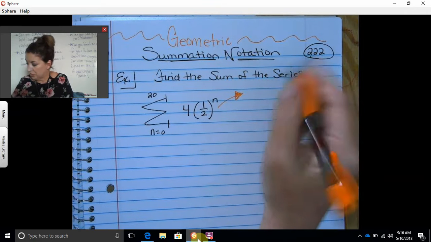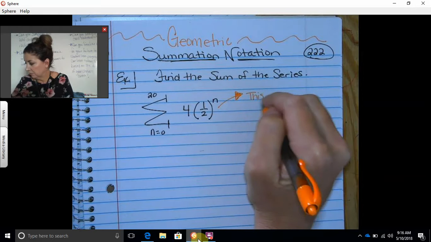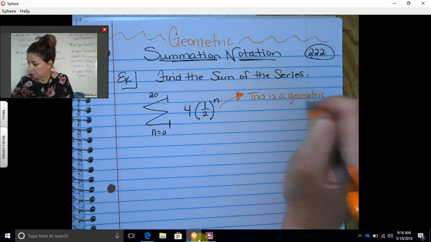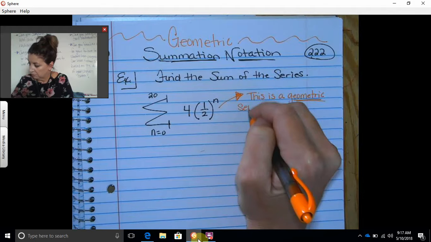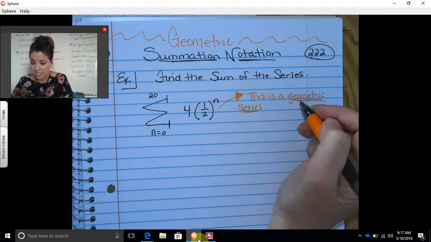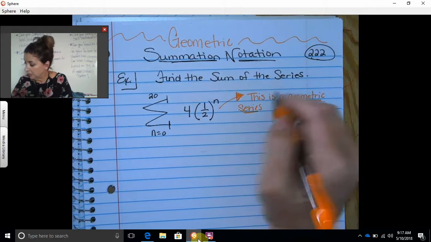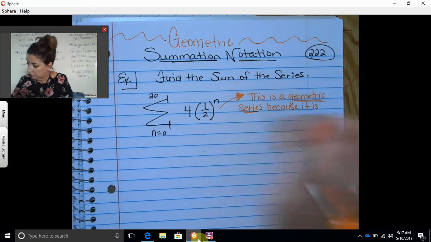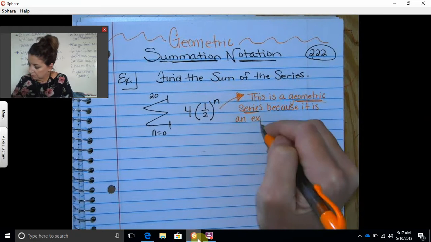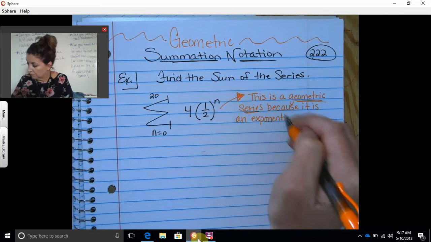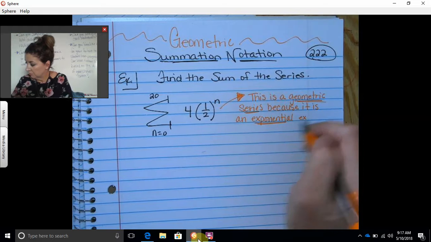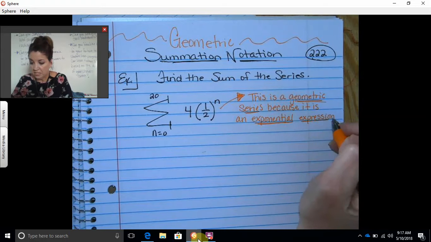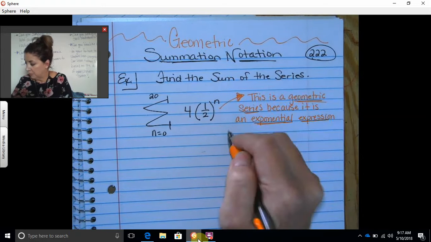This is a geometric series because it is an exponential expression. In parentheses, I'm going to put the variable is in the exponent.